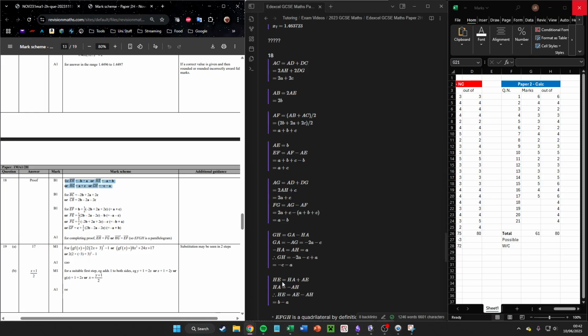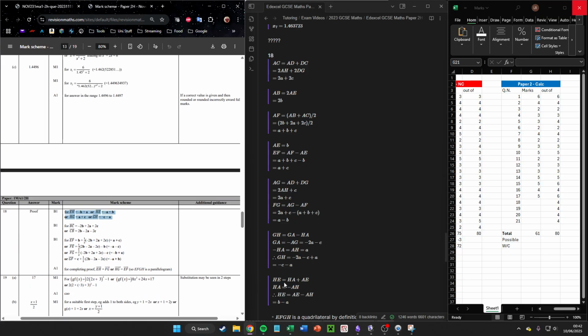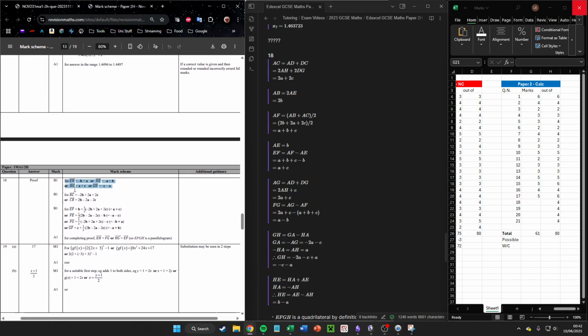I said that HE is equal to the opposite of that. Oh yeah, so minus A plus B, yep. Or HG or GH, did I say HG or GH anywhere? 2A minus C plus A. Oh, hang on. Oh, no, minus C minus A. GH is minus C. So I got that mark.